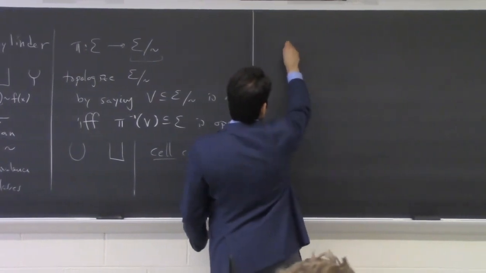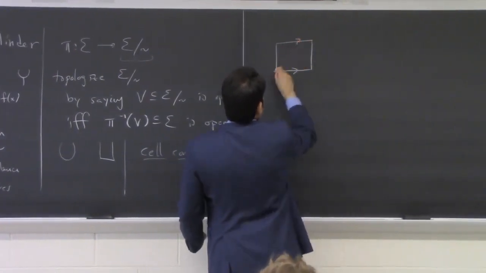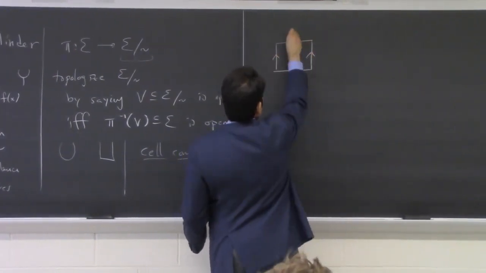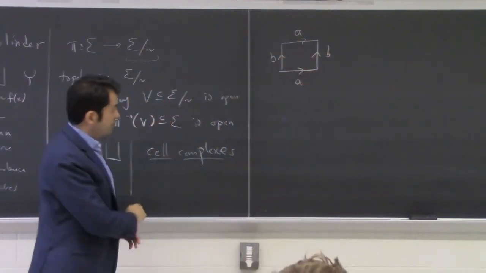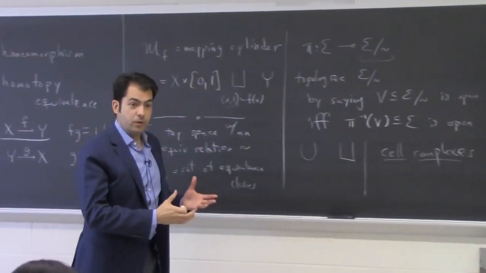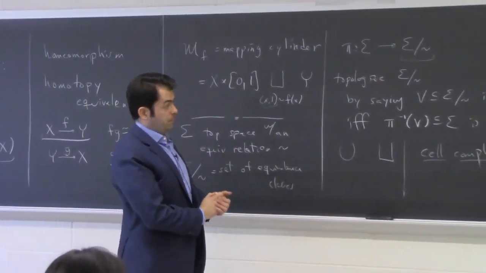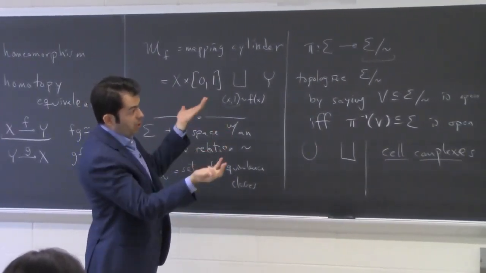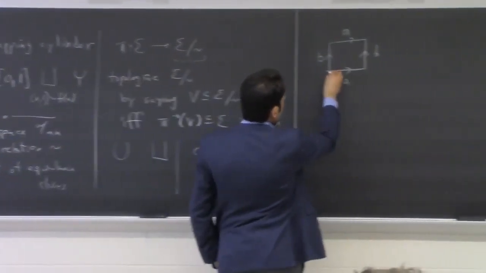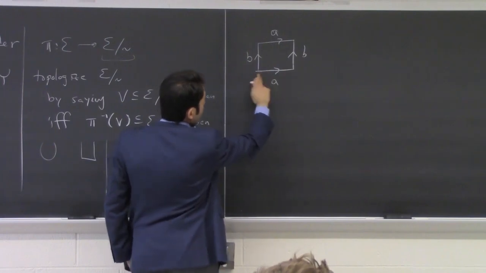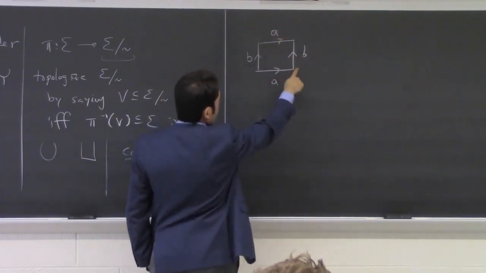So I started out with the example of the torus and one of its identification spaces. So it's a wonderful fact that you can classify surfaces and build them up out of polygons. So we talked about how what this means is that this edge is identified with that edge and this edge with that edge.